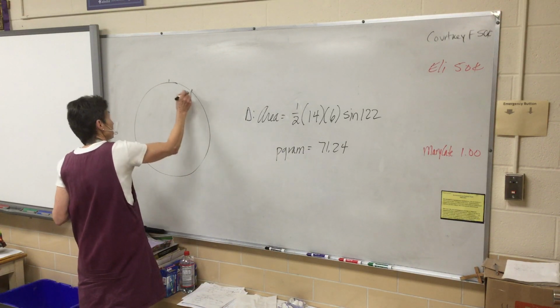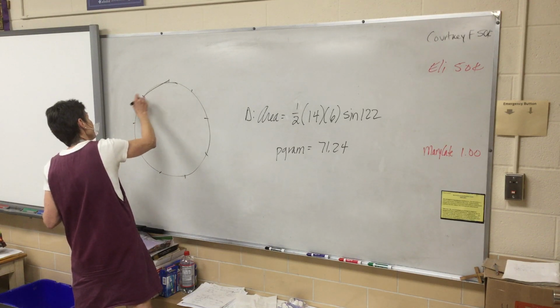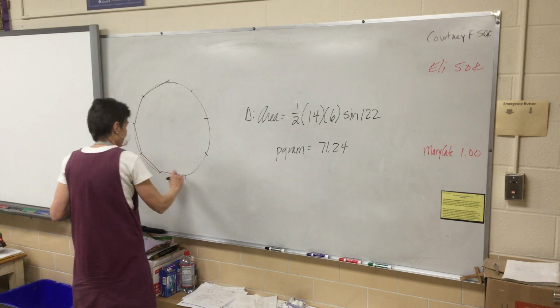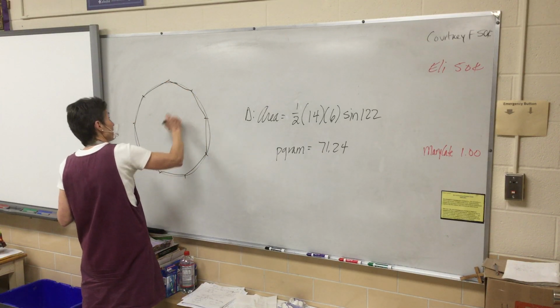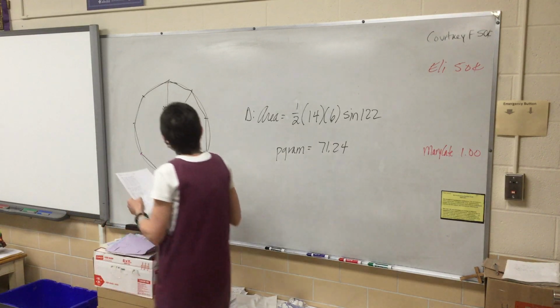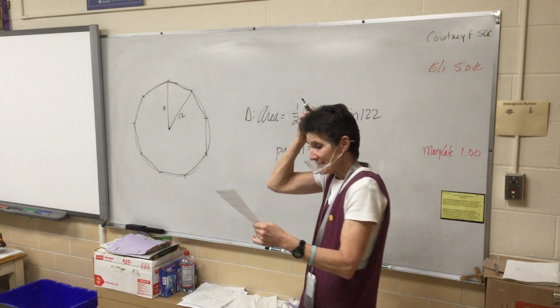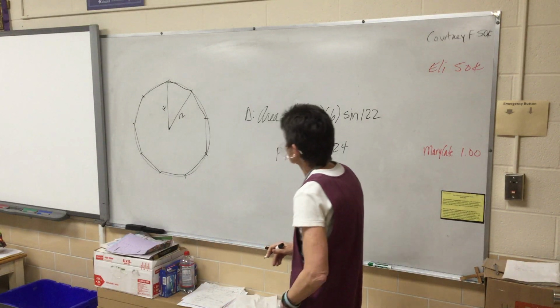I'm going to put 1, 2, 3, 4, 5, 6, 7, 8, 9 dots around it. Picture doesn't have to be perfect. Nobody cares. The radius is 12. I need to find the area and the perimeter of this.